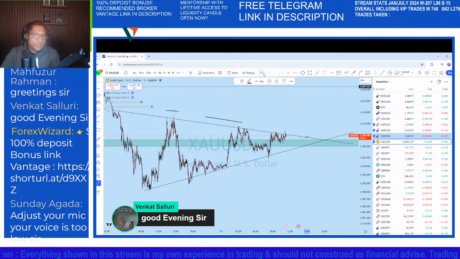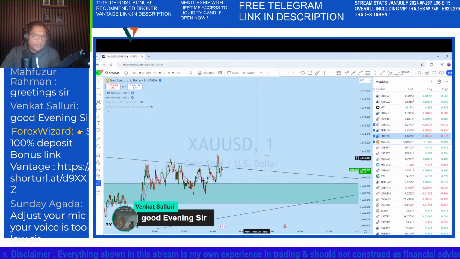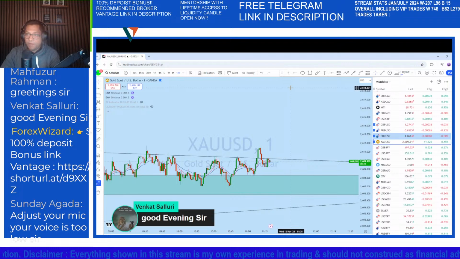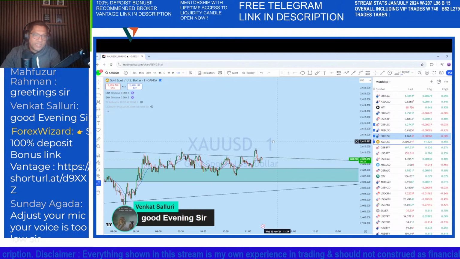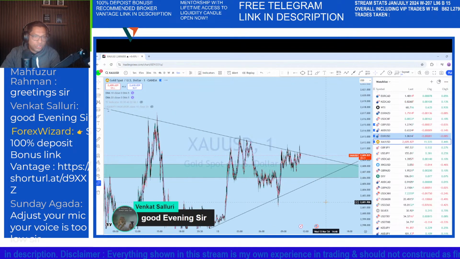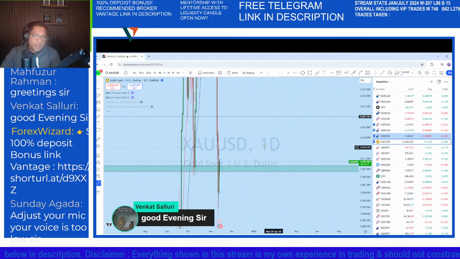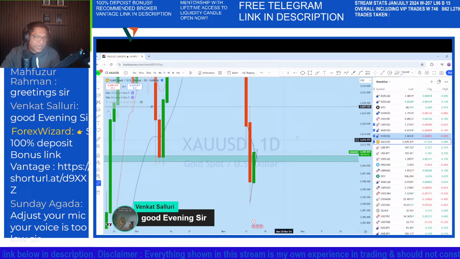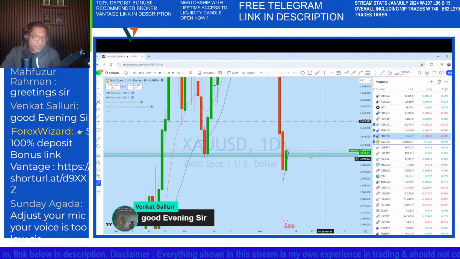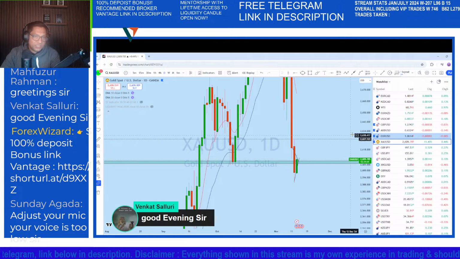Which is basically a typical market structure, which we might see eventually break to the upside, and then we could see the market after the break of this high continue to drop again, or may bounce back up. The CPI data definitely will play a vital role here.